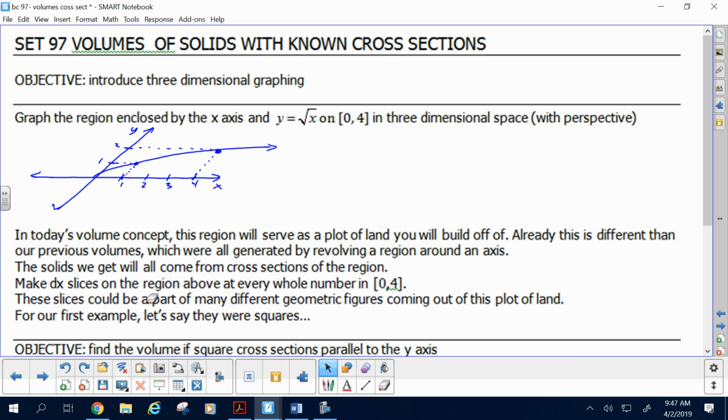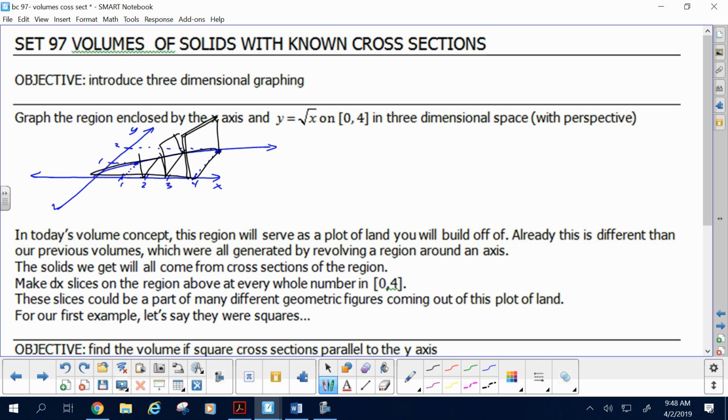Usually we do this in geometric sense for calculus, all right? This might be the base of a solid. Think of it as a plot of ground off of which you will build your house. And the cross sections, don't worry about drawing this, they will all come out straight out from the base, and maybe each of the cross sections or each of the little slices are squares.